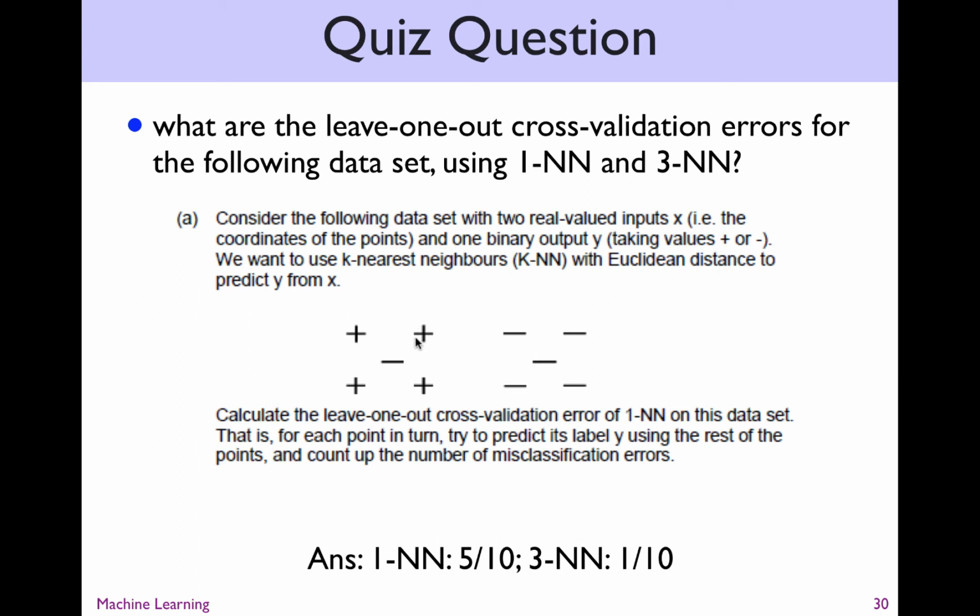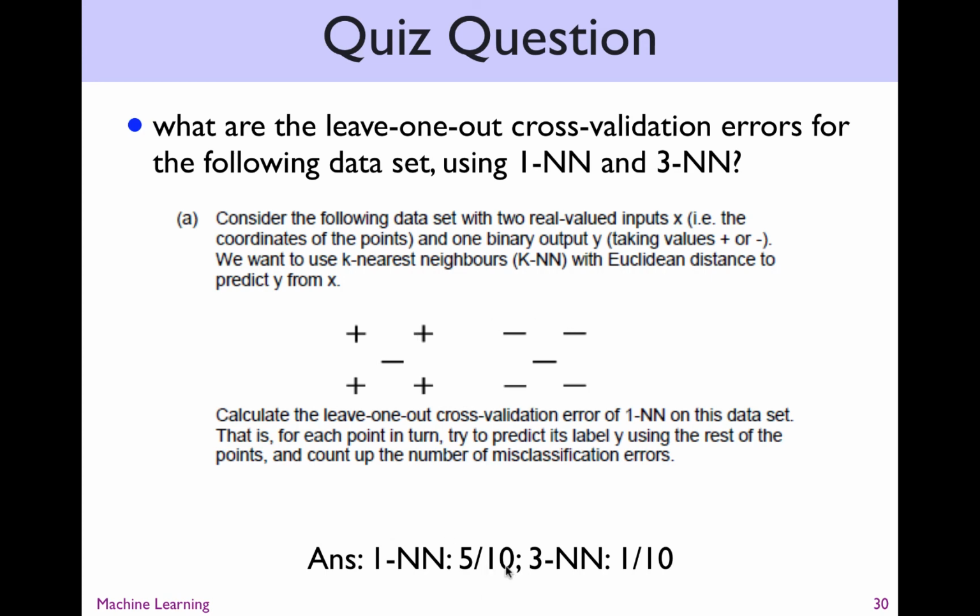For example, if you hold out this guy, that is, you train on everything else and use that guy as a test example, what label would it be? What's the closest training example? Well, this negative guy. So this positive example will be labeled as negative if it is held out. And same for here, same for here, same for here, same for here. So all these 5 guys will be labeled wrong if they were treated as a held out set, that is, to simulate the test data. And these guys will be labeled correctly.